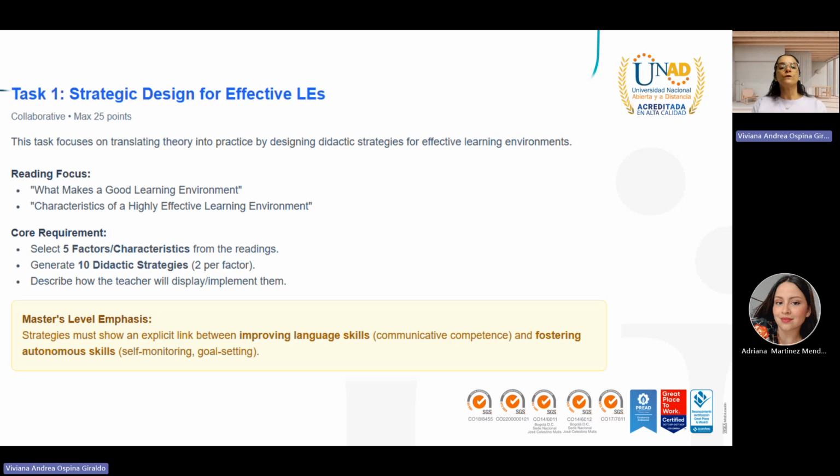So we are going to talk about communicative competence, keeping in mind, though, that there needs to be self-monitoring and goal setting. So that is important that we remember, because sometimes we think, oh, maybe we will focus on communicative competence, but we leave aside the fostering of the autonomous skills part. So that is important that we remember that part of the task.